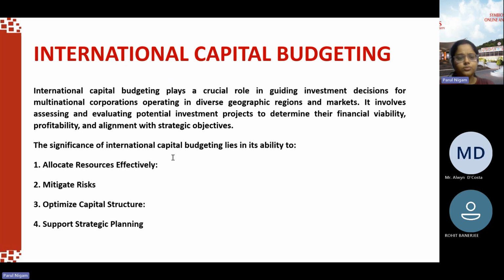Okay, so you should have a 360-degree analysis before making investments, and capital budgeting tools definitely help you in doing that analysis. To sum up, we can say that capital budgeting is very essential for global business, as it ensures that all the international investments are profitable, strategically sound, and risk managed.